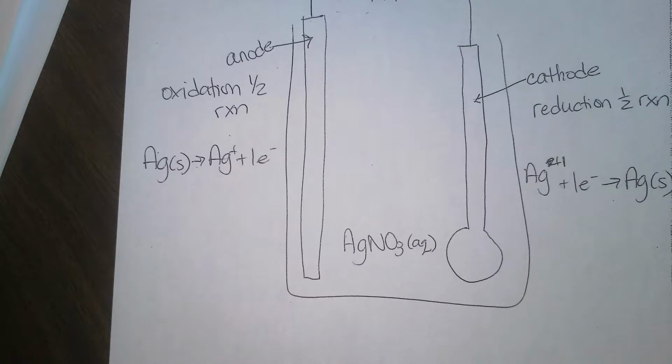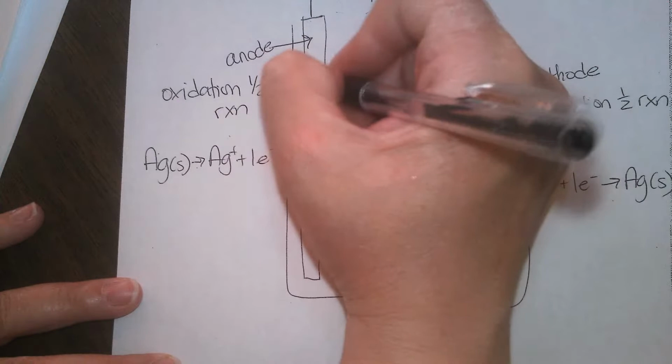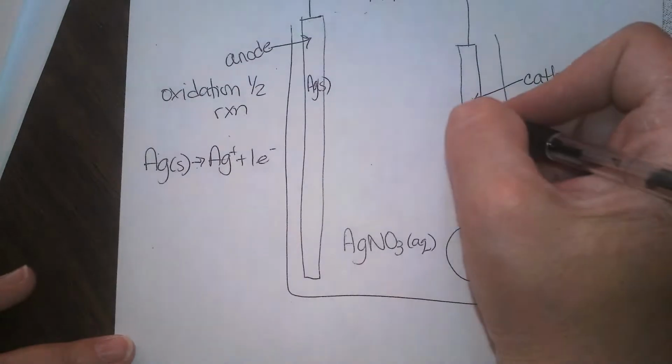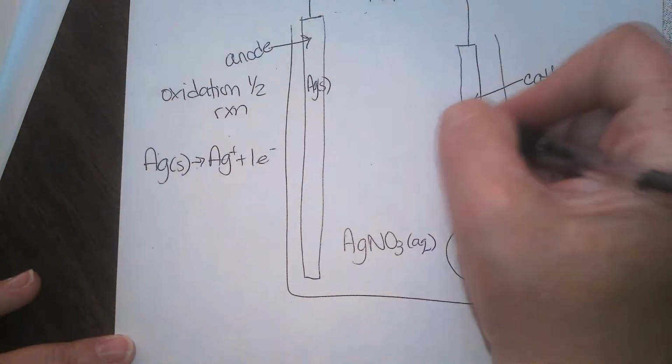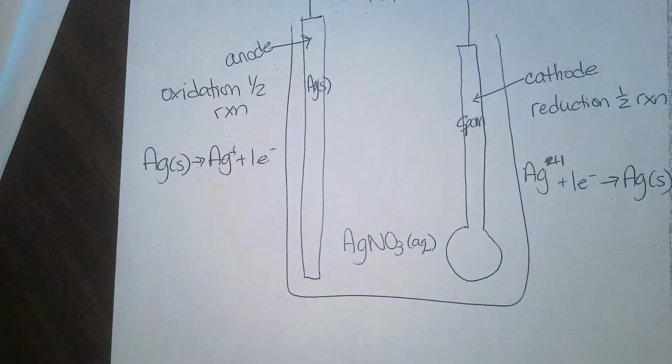You could, yeah, if you wanted this spoon to be plated in gold, you would stick a gold anode in there. So this is going to be silver. And this is going to be our spoon to be plated.